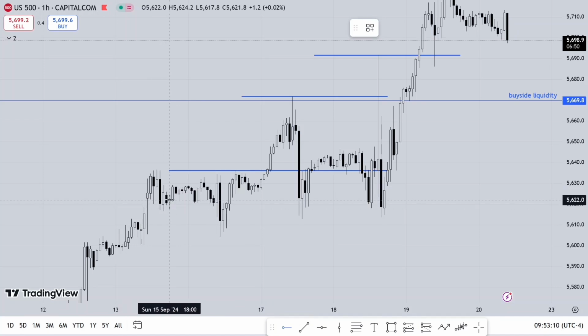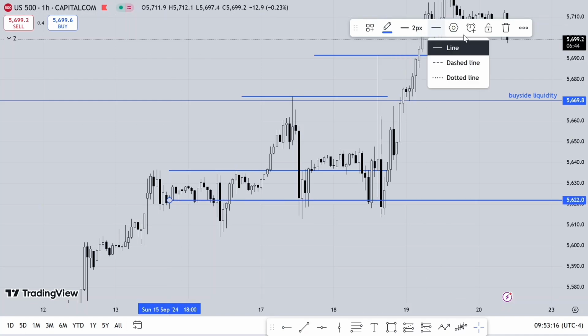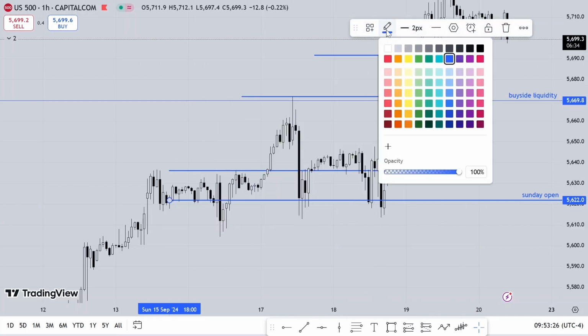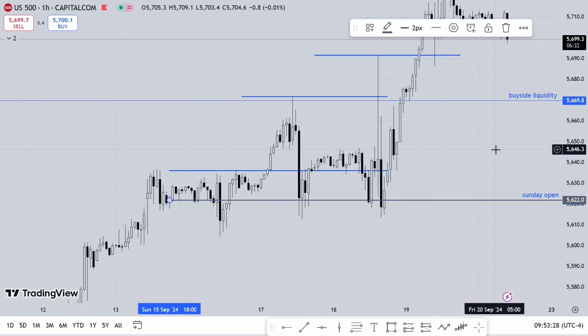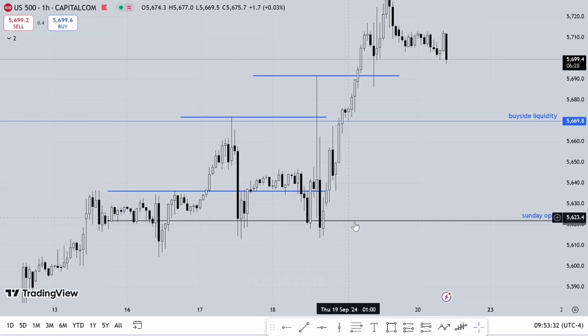So here we have Sunday's opening price. Let's make that a gray color. As you can see, true openings are fair value.